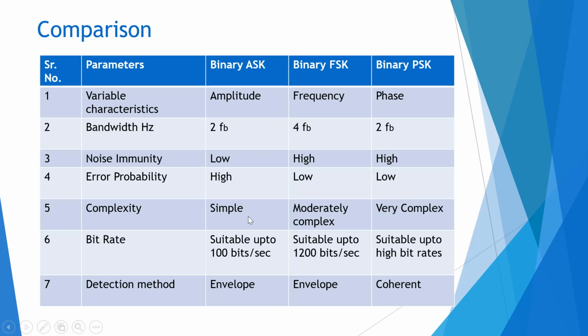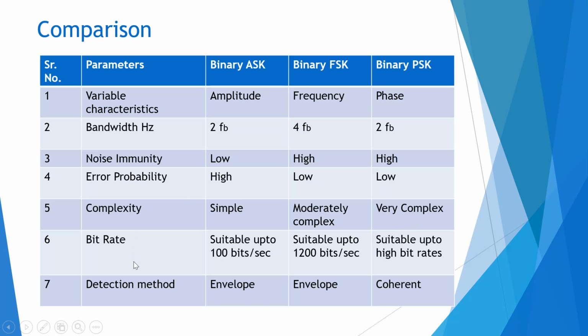In ASK the generation is very simple, and detection is very simple. Compared to ASK, FSK is moderately complex, and compared to both techniques, PSK is very complex because the phase is changing, and carrier recovery circuits are required. So many blocks and devices are used to recover the signal again.